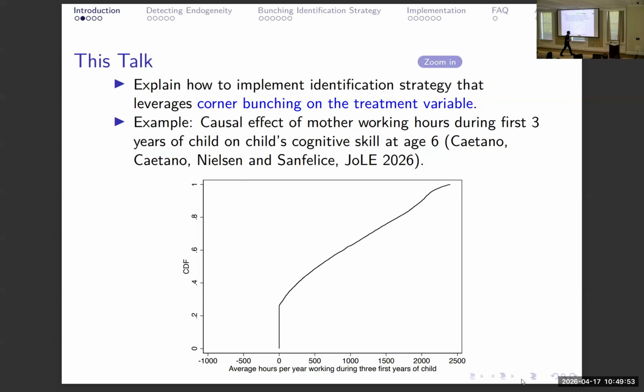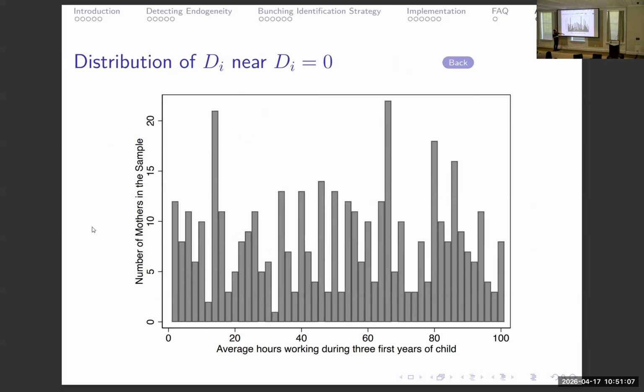You can actually see this in the histogram where we zoom in on the first mothers in the sample. About 10 mothers work the equivalent of about 2 hours per year in the first 3 years. You see that there's some data there.